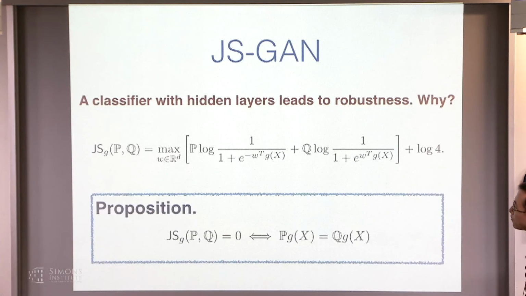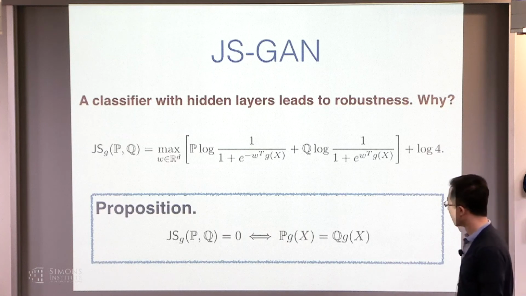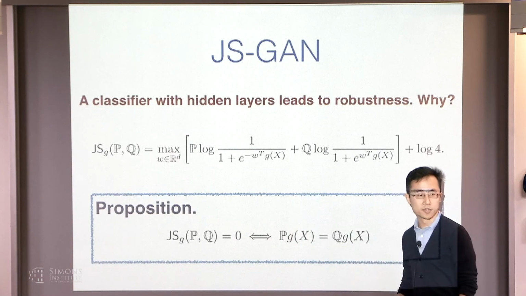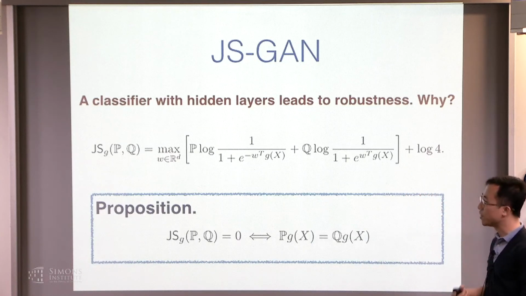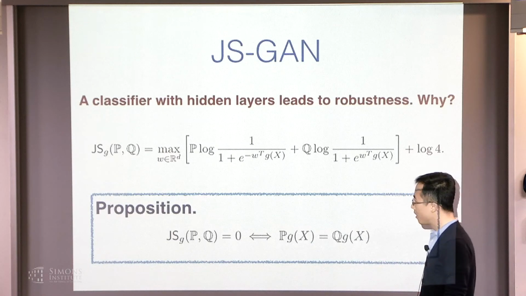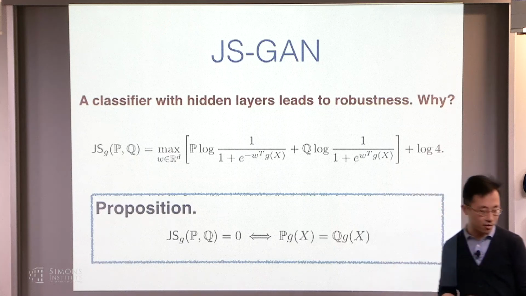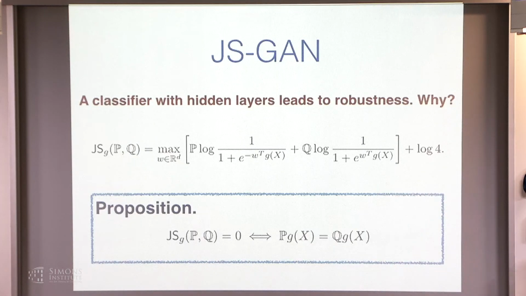The proposition we have is that this divergence function is 0 if and only if the expected value of G is the same under both distributions. This means that if the features are the same under both distributions, then the divergence is not able to tell the distributions apart. That implies if you are trying to minimize the Jensen-Shannon GAN, you are more or less trying to match the moments that you have in your classifier.